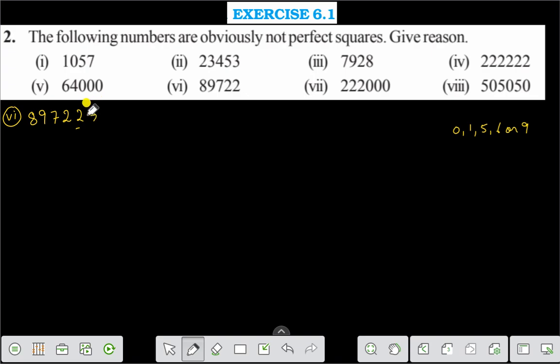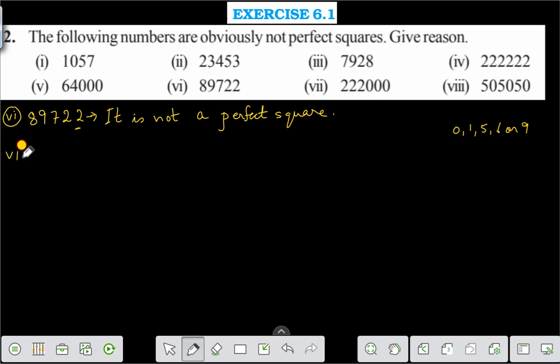At the unit place it is 2. It is neither 0, 1, 5, 6 or 9. Therefore, it is not a perfect square.